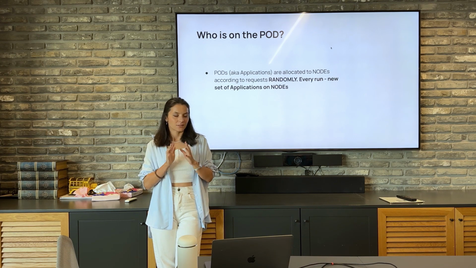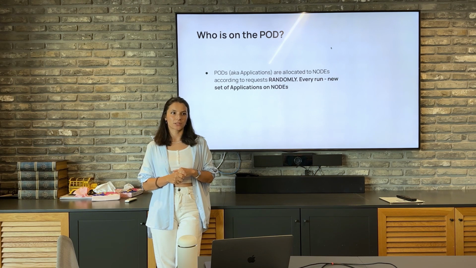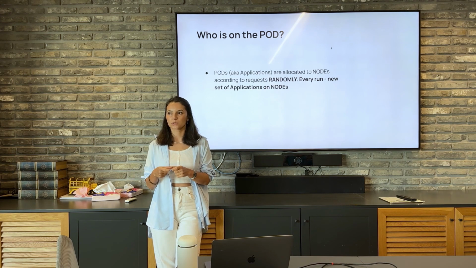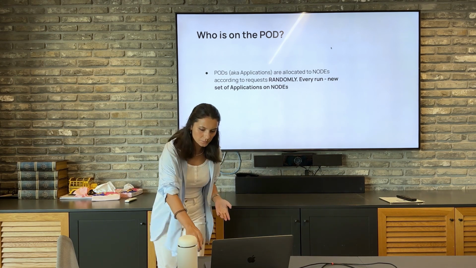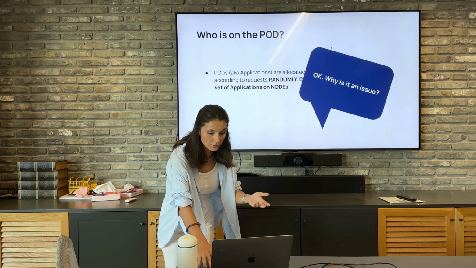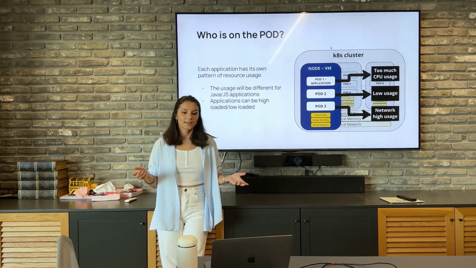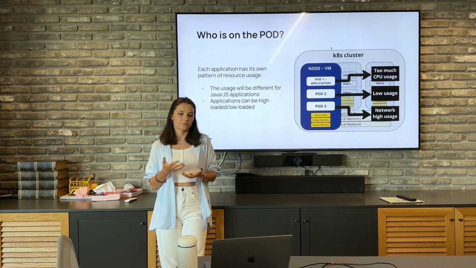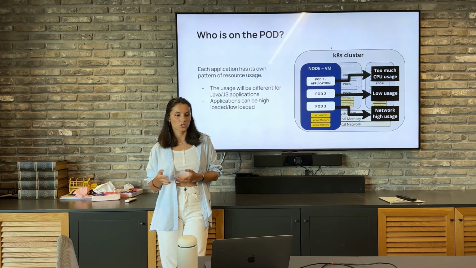As I already told, pods are allocated on nodes according to resources, but they do it randomly. What does it mean? It means that pods have different requests and different load. They can be heavily loaded, they can use high CPU. They can have low load and lower usage, and some of them can have a lot of network usage.